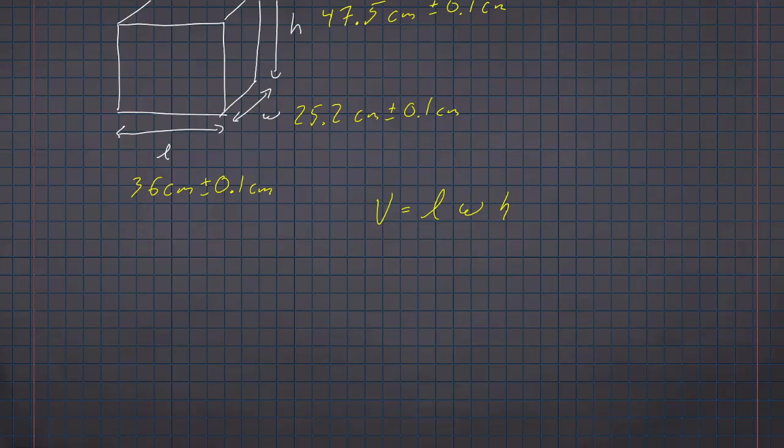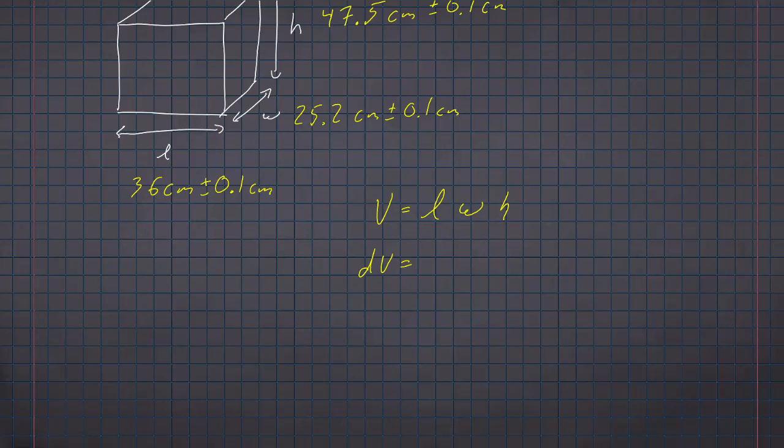Again, I'm not using V prime and L prime because it's not really fair to say that V is changing with respect to time or with respect to something else. We're looking for how far off we are. So that's why we use the notation of dV.